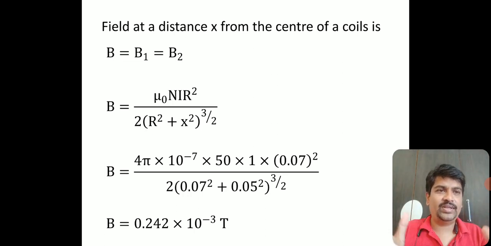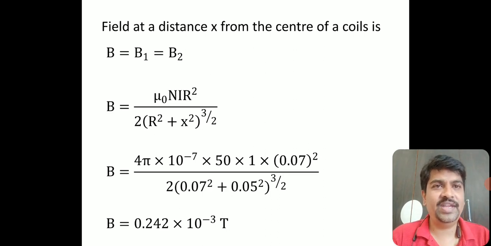So substitute all the data which is given in the formula. Mu naught is 4 pi into 10 to the power of minus 7, number of turns is 50, and the current is 1 ampere, radius is 0.07 whole square. In the denominator you will have 2 into (r square plus x square) whole to the power of 3 by 2.